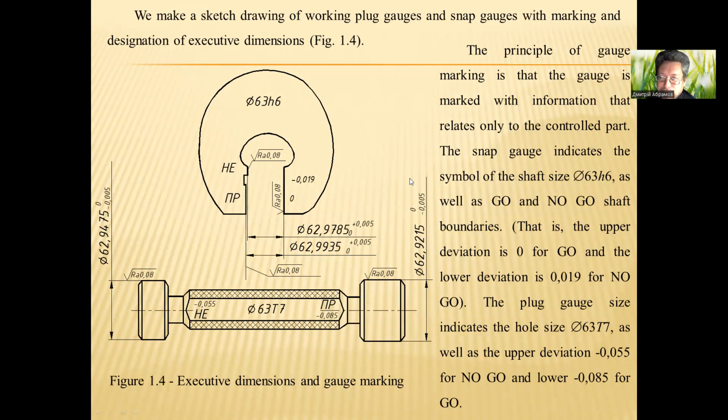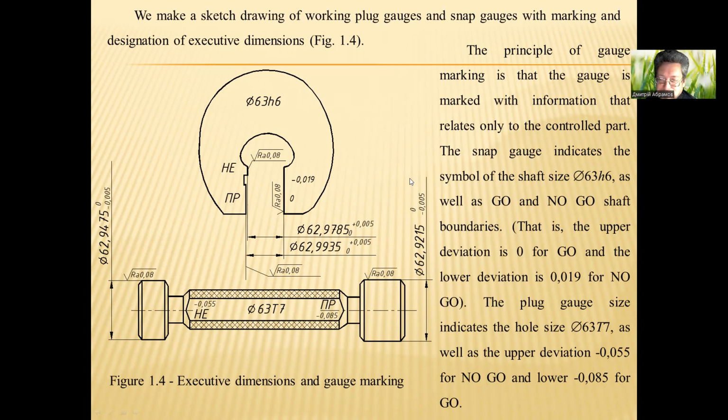The snap gauge indicates the symbol of the shaft size, as well as go and no-go shaft boundaries. That is, the upper deviation is 0 for go and the lower deviation is 0.19 for no-go.